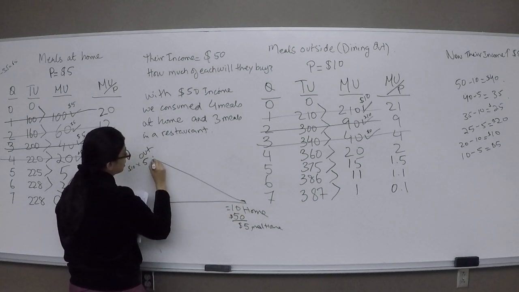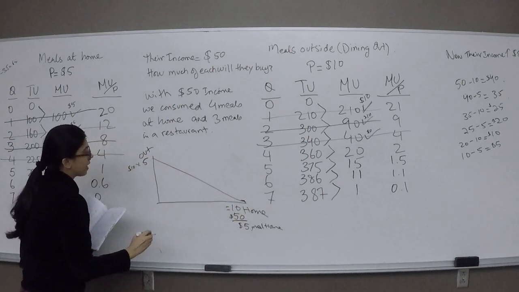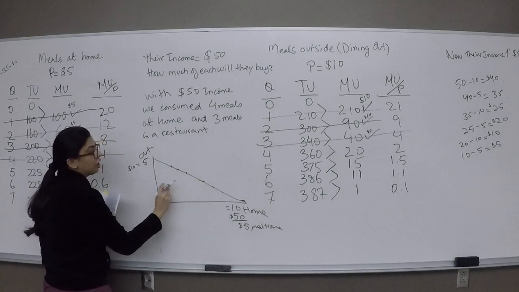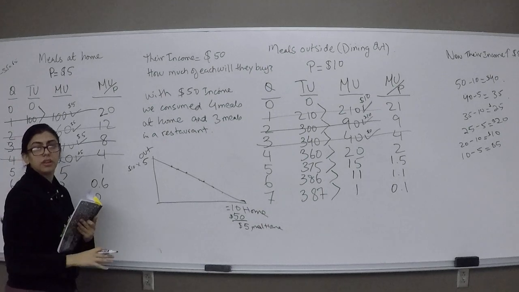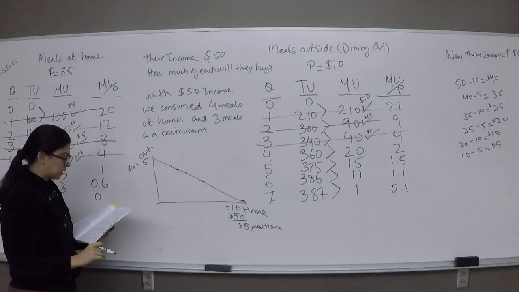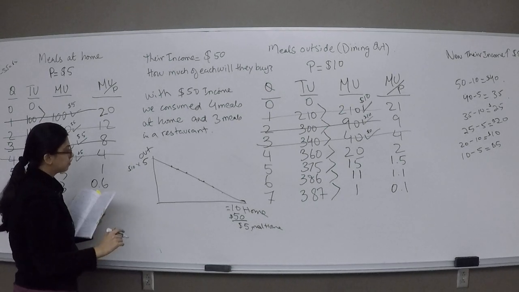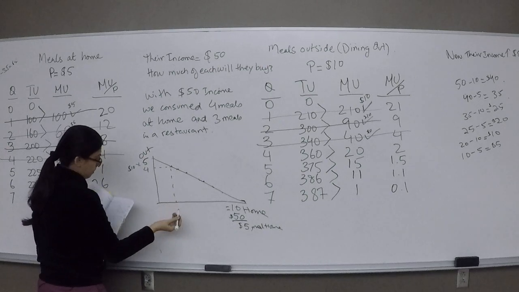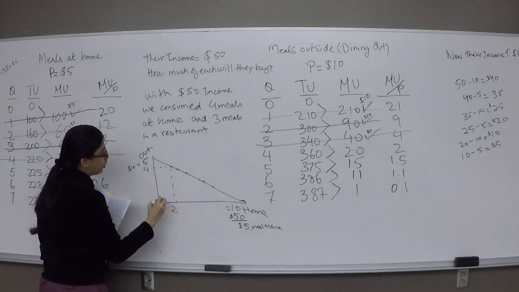So this is what your budget line looks like. Any given point on the budget line is the combination of both that you're doing. So when you're eating 4 meals outside, you can only eat 2 meals at home.